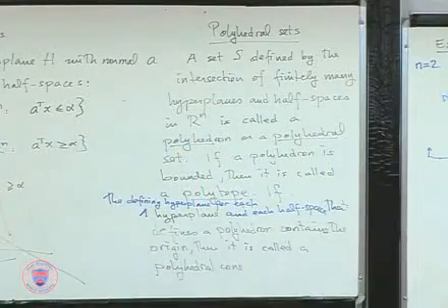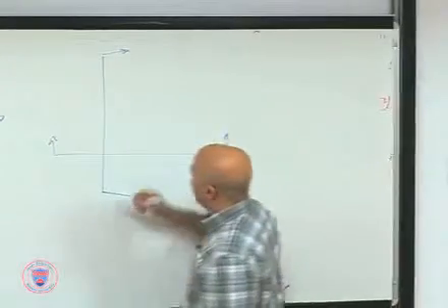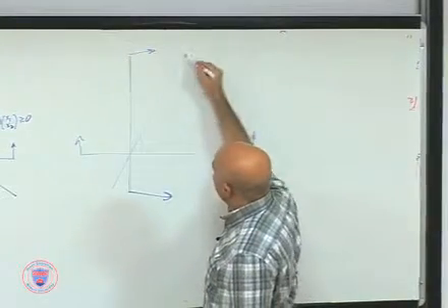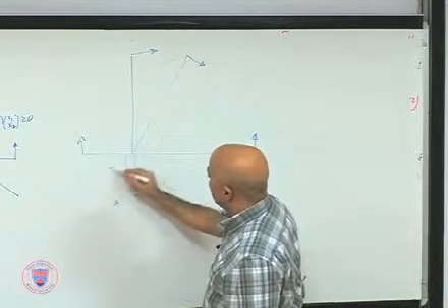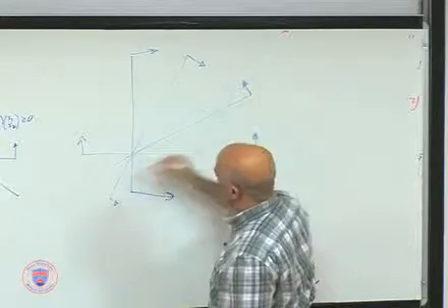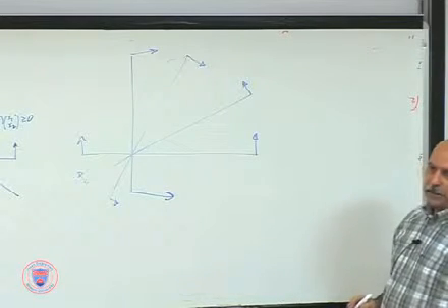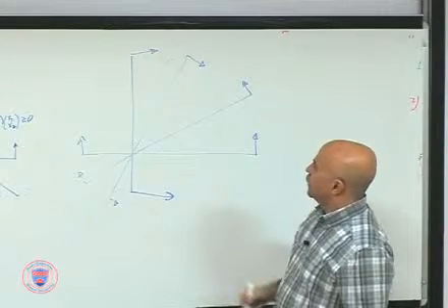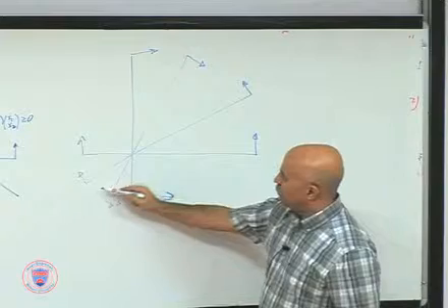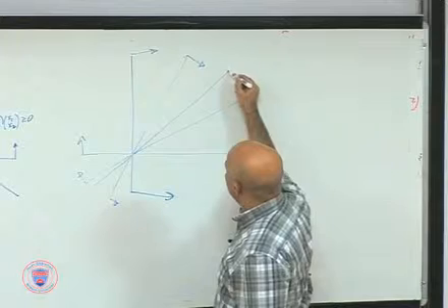So if you want to give an example for that, I've got 4 half spaces here defined by each of these lines. I might also have another one passing through the origin and going this way.